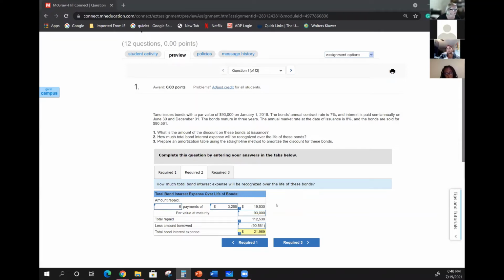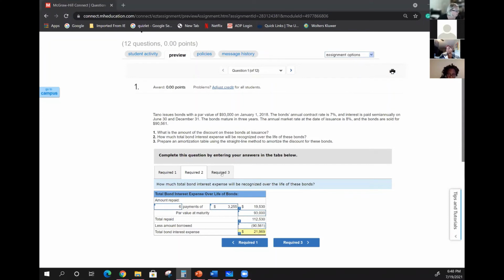And then the additional money: 19,530 plus the 2,439 is 21,969. They show you how to work it out here, but all it is, is taking your interest payments and then adding the discount. And the total is what your expense is. This is how you calculate it for a discount, not a premium.